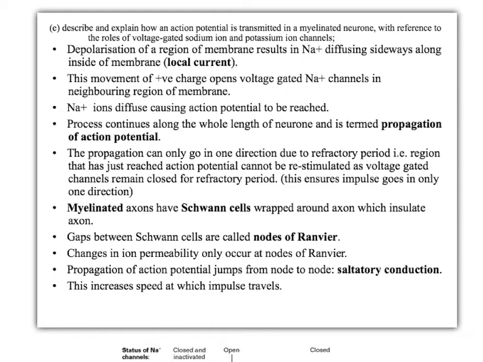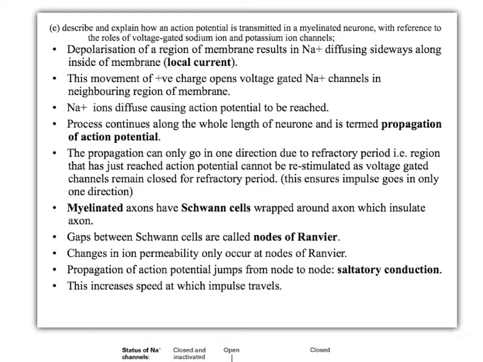So far, in the first slide, we looked at resting potential, and then we looked at how that resting potential becomes an action potential by the movement of sodium and potassium ions in and out of the nerve cell. What we're going to look at now is what happens when all of these sodium ions diffuse into the nerve cell through voltage-gated sodium ion channels.